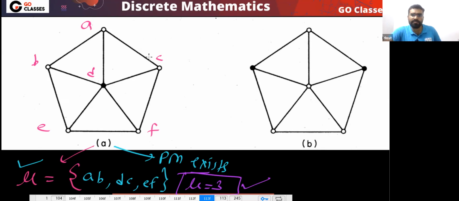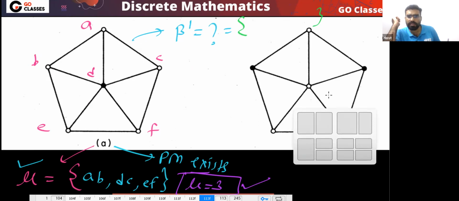And what is the edge cover number, beta dash? If you want to cover all the vertices using edges, using the minimum number of edges, what do I need to do?